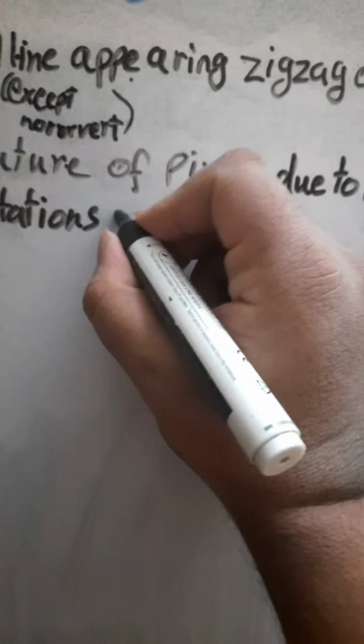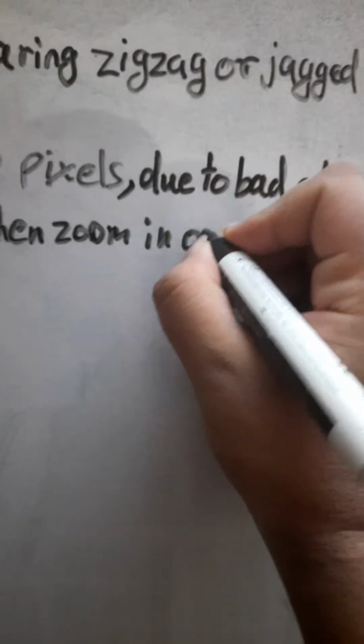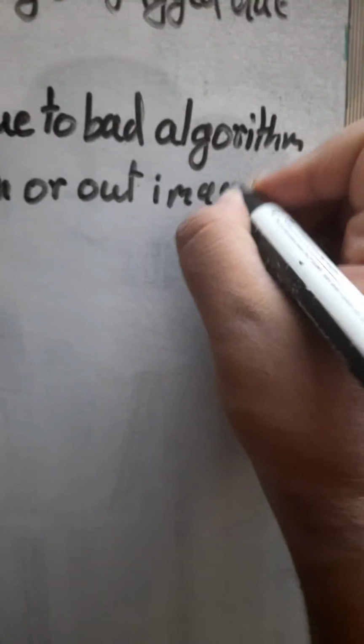Hardware limitations when you zoom in or out of images, okay, is called aliasing, right?